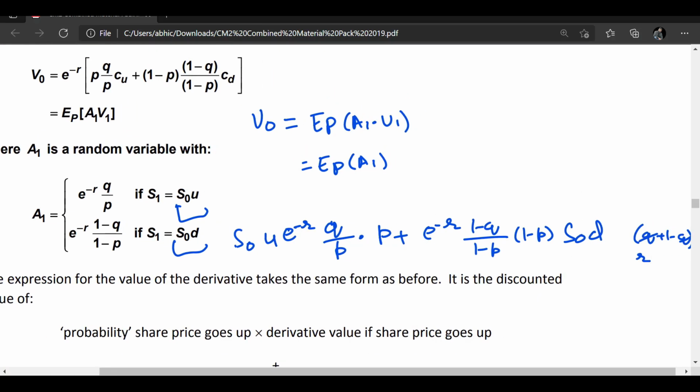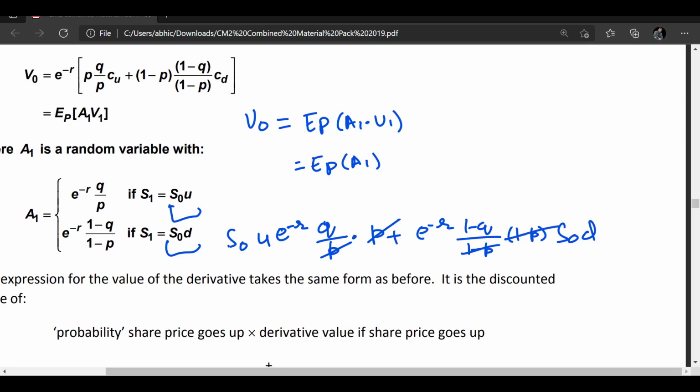This is what you get. Okay, so now what will happen? P will cancel out with P. 1 minus P will cancel out with 1 minus P. E to the power of minus r, S0 I will take common. Inside you have UQ plus 1 minus Q D. Okay, this is what you have.